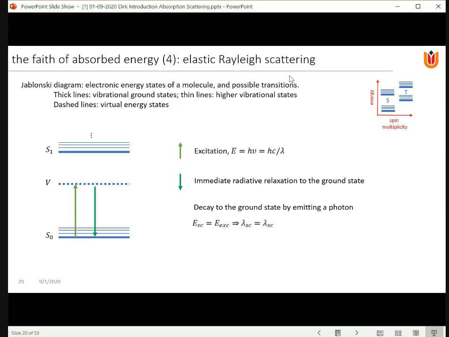This process is called Rayleigh scattering, or elastic Rayleigh scattering. It is called elastic because basically no energy is transferred. A photon very briefly interacts with the molecule and then a photon is re-emitted with the same energy and the same wavelength. So the only thing that happens from the point of view of the photon is that its direction can be changed.